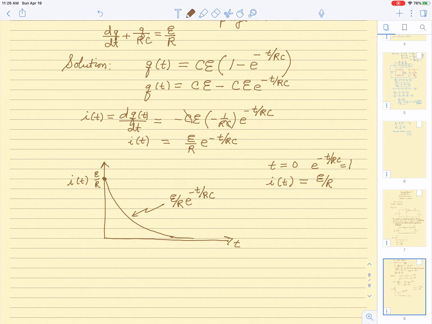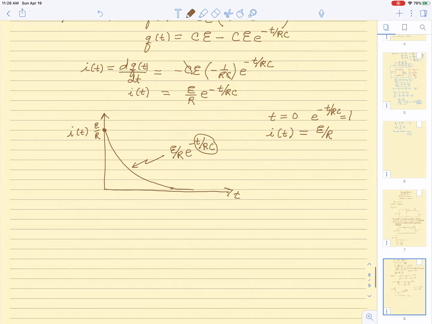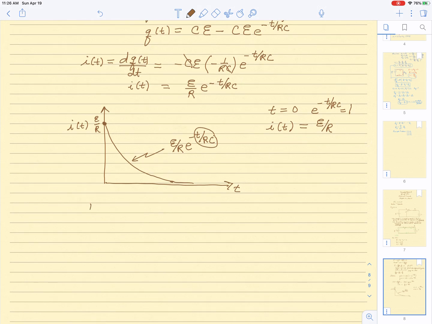And we know that arguments in exponentials need to be unitless. And so t over RC must be unitless, which implies then that RC has units of time, or in SI units, the second.